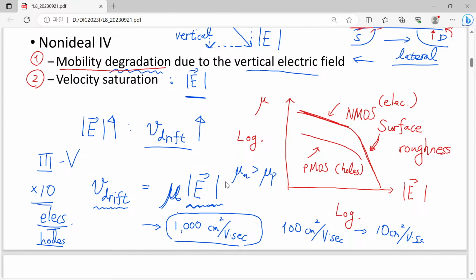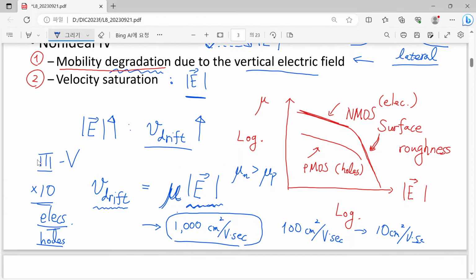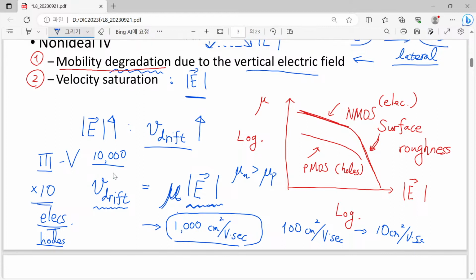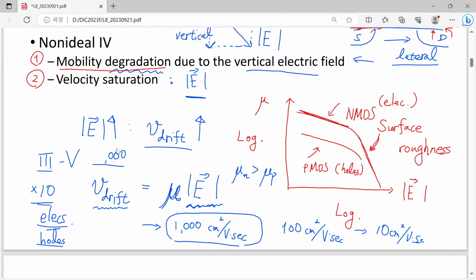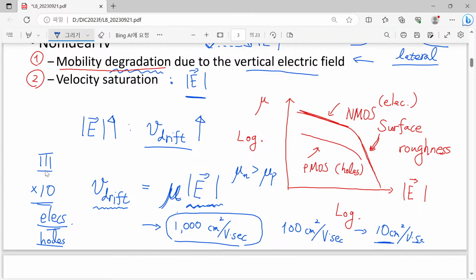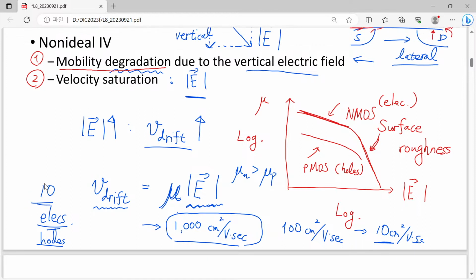However, in the case of this III-V material, although electron mobility can easily exceed 10,000, hole mobility is quite poor. How poor is it? Its value does not exceed that of silicon hole mobility. That is quite poor.